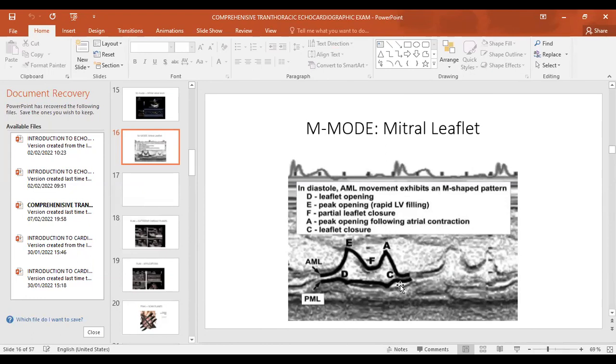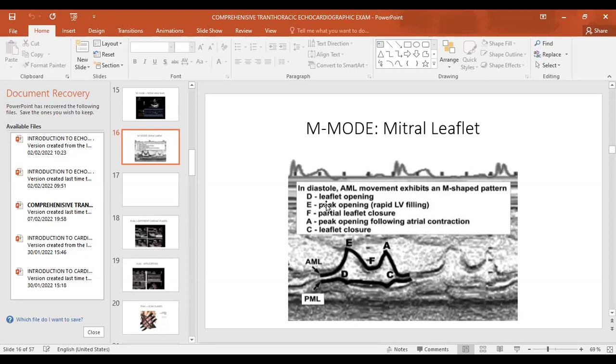What is the message here? The message here is that the phases that we see on echo, there are only two, typically the E and the A, because those are the two active contractions, the early phase, which is the peak, and the late contraction. Those are the two things that you see.